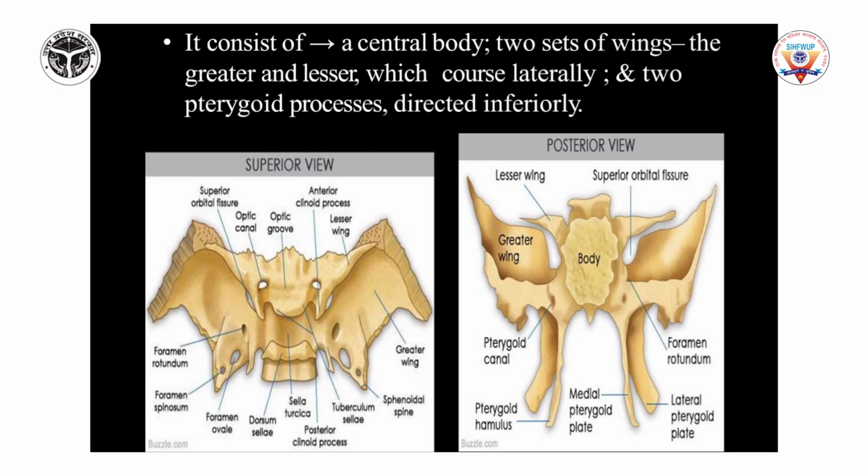Then carotid artery, internal carotid artery, go like this, okay, and that thing is going to the carotid canal.